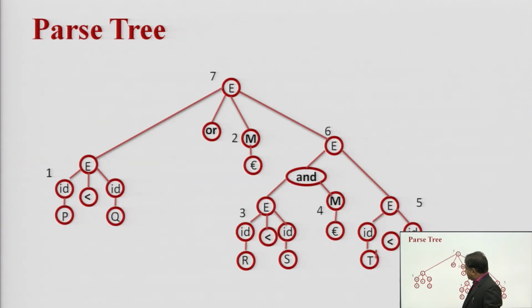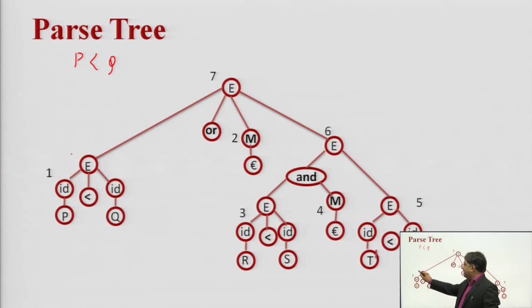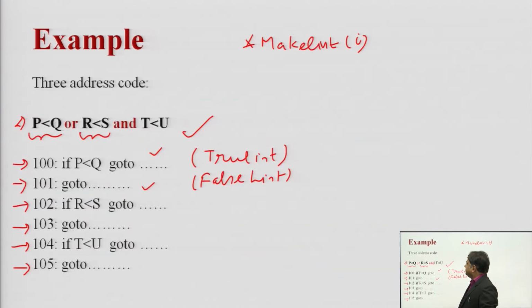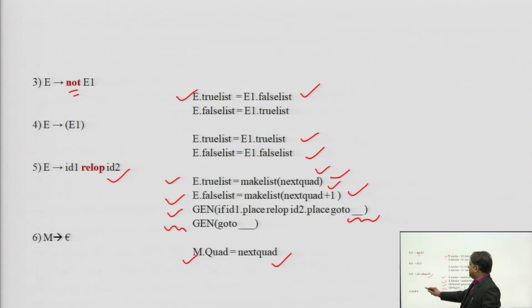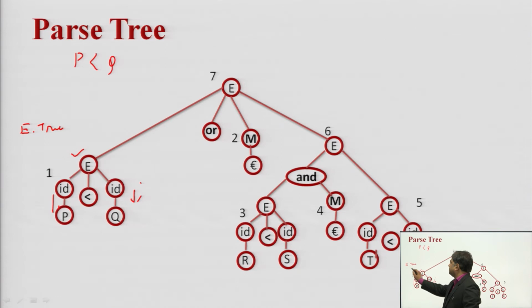For this, as the first step, I will draw the parse tree for P is less than Q. This is my statement, P is less than Q. I draw the parse tree for it: E derives ID relational operator ID, where the first ID derives P and the second ID derives Q. Here I have to calculate the E dot true list and E dot false list.